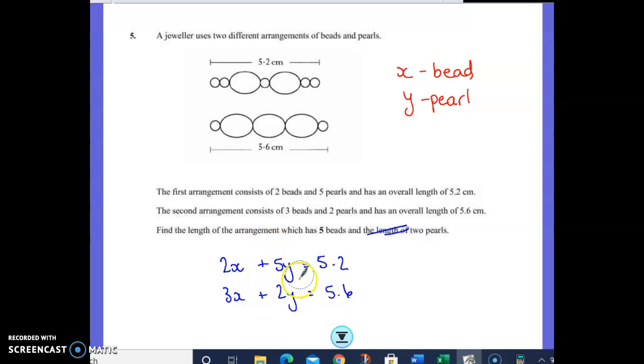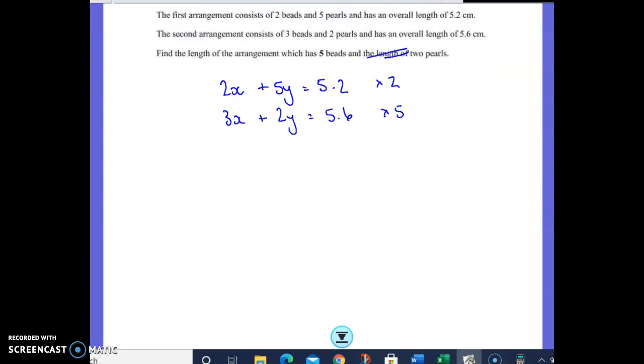Okay, looking at the ones in the middle again, I've got a 5y and a 2y, so I want to make them up to 10. Times that one by 2, that one by 5. Multiplying through, 4x plus 10y equals 10.4.